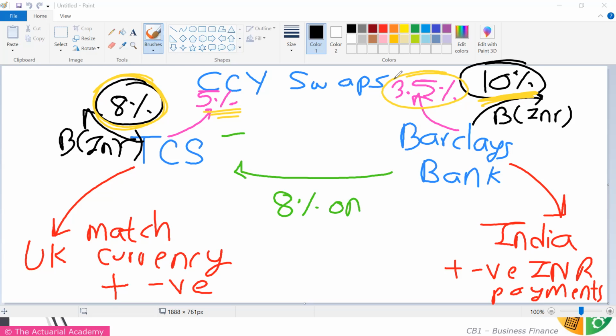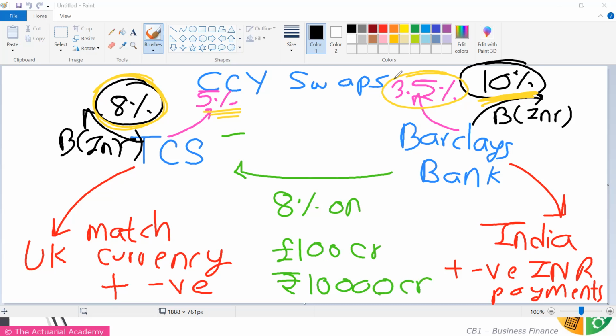Suppose TCS wants a 1 billion pounds loan. If TCS wants a 1 billion pounds loan, automatically Barclays would want the same. I'll write it in terms of crores so it's clear to you. It's 100 crore pounds that TCS wants the loan for, and Barclays also wants it for the same amount, but Barclays wants it in INR, so we'll convert it into INR.